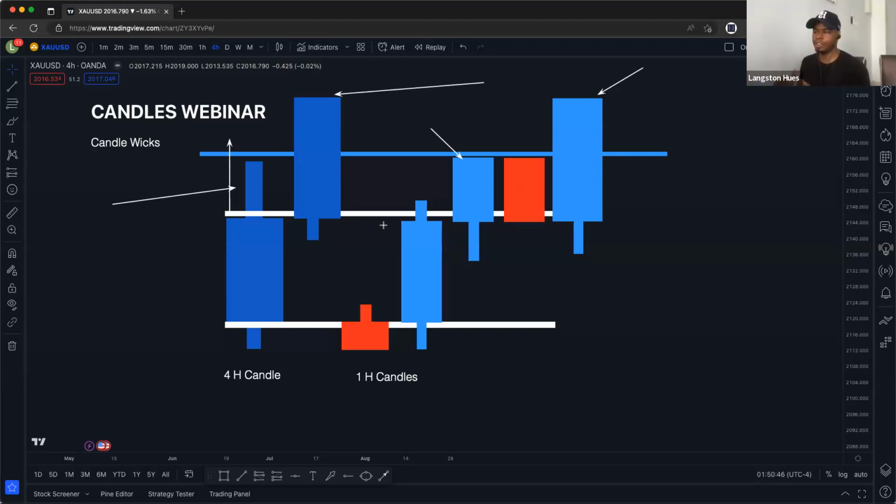And the selling pressure, in this case, for bullish is just way too strong. And we can't really find any opportunities to continue moving up in the market.